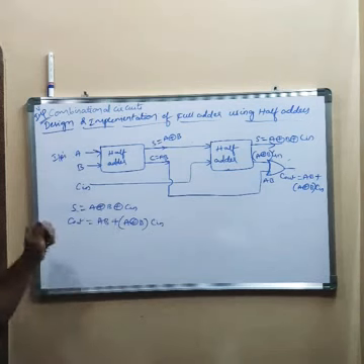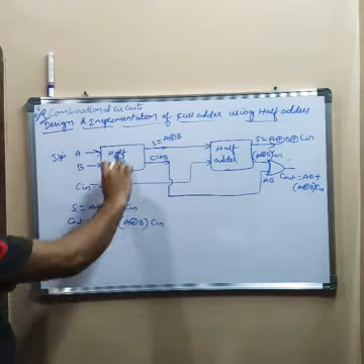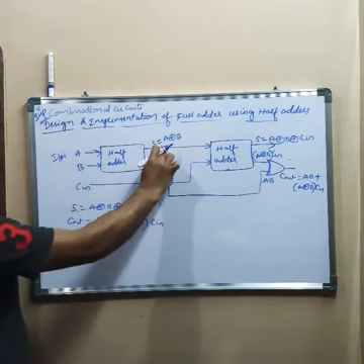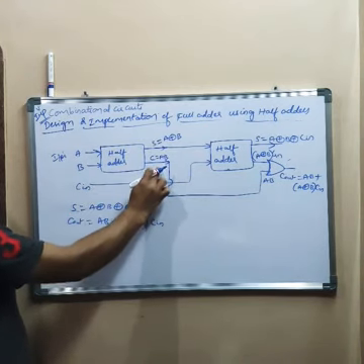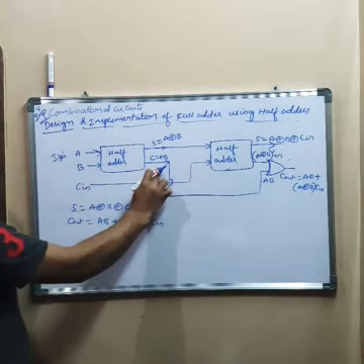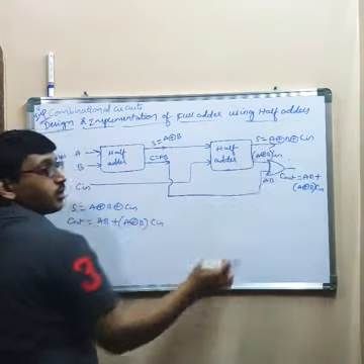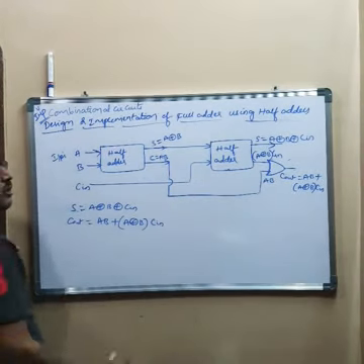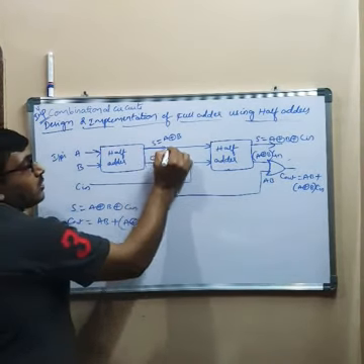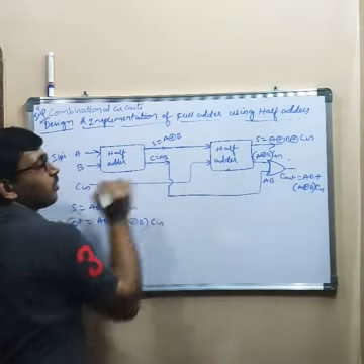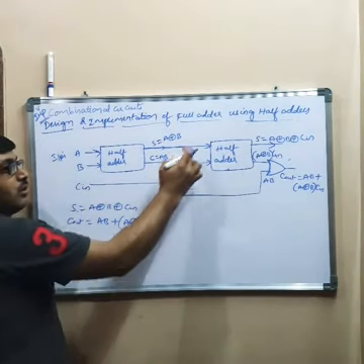See, I will repeat once again. First of all, I have taken one half adder. The output of this half adder will be A XOR B and the carry is A dot B, right? But the full adder sum contains three variables, that is S is equal to A XOR B XOR C. In order to obtain this, I will connect this output as input to one more half adder.